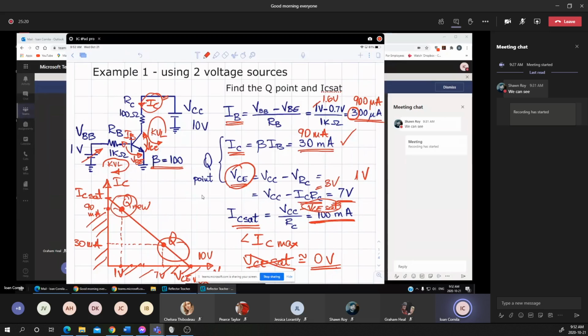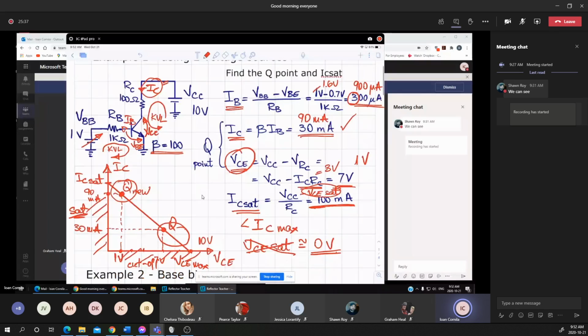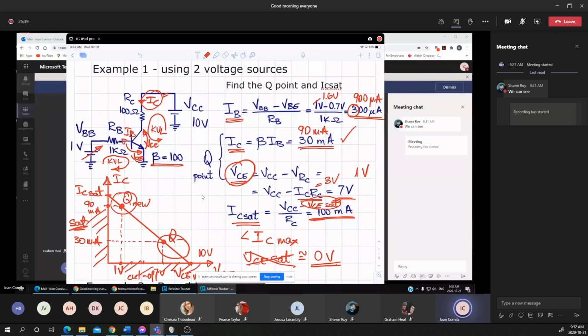So one Q point is close to cutoff, and the other one is in the saturation region. Neither is ideal.